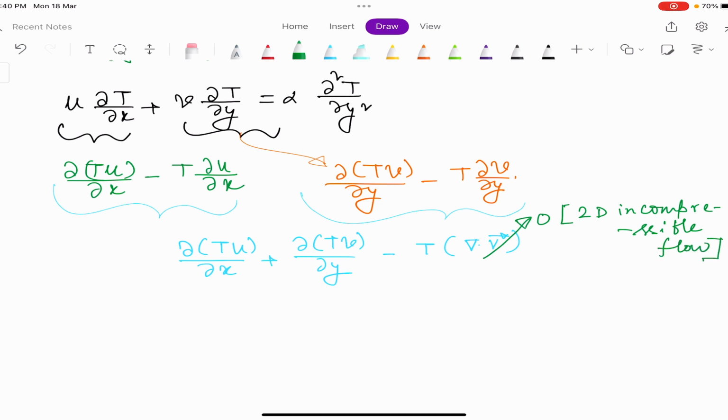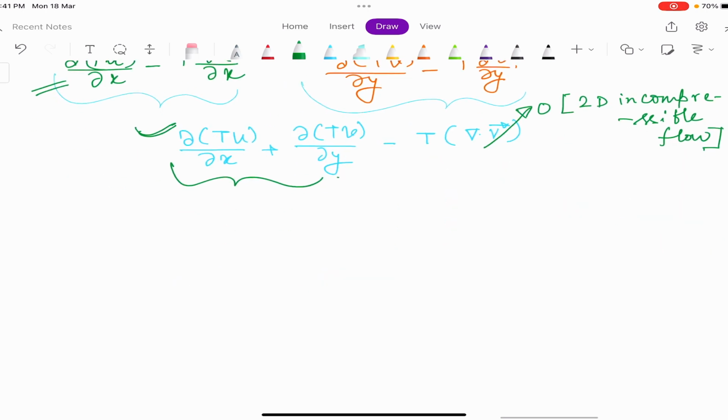So this is the conservative form and this is the non-conservative form. In CFD, the conservative form has its own benefits, and the non-conservative forms are also important in some areas.